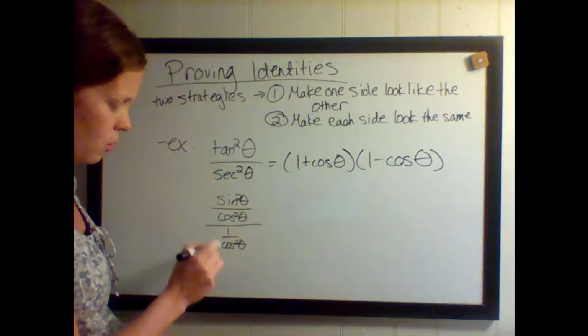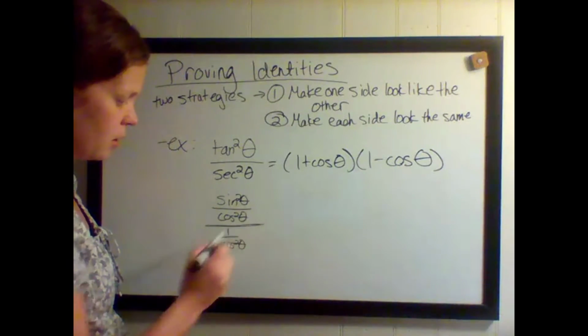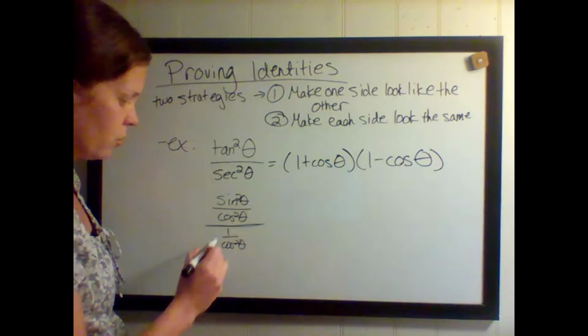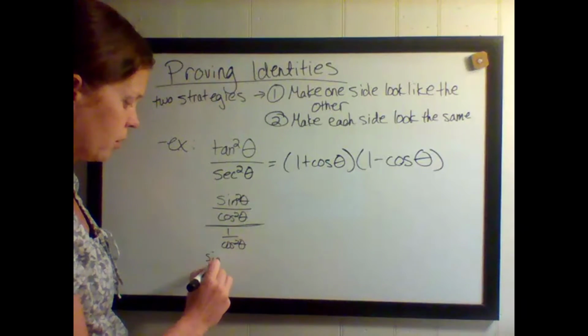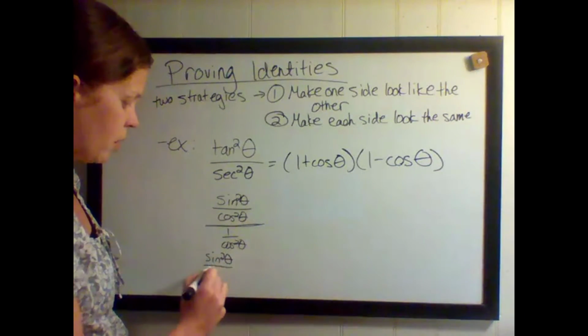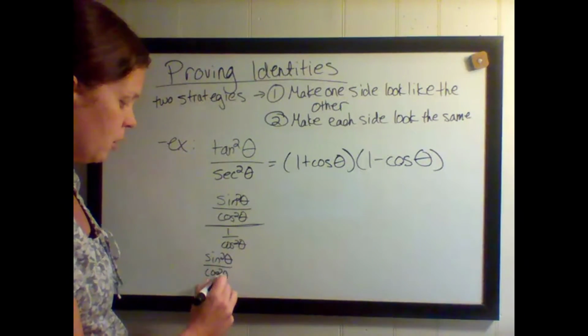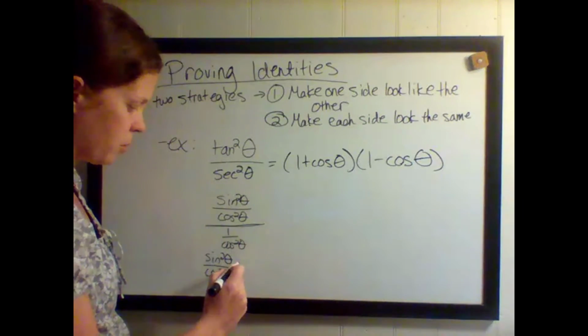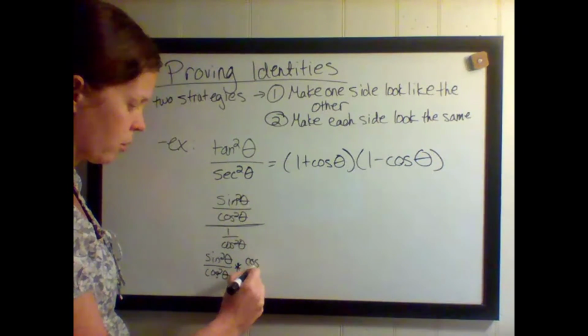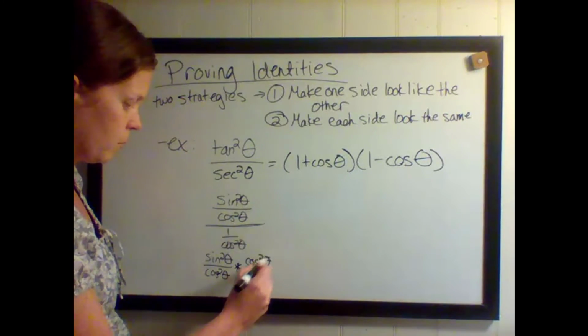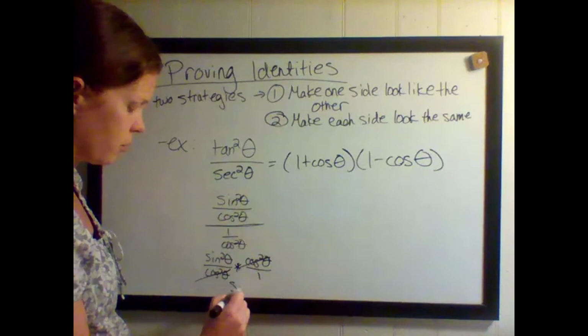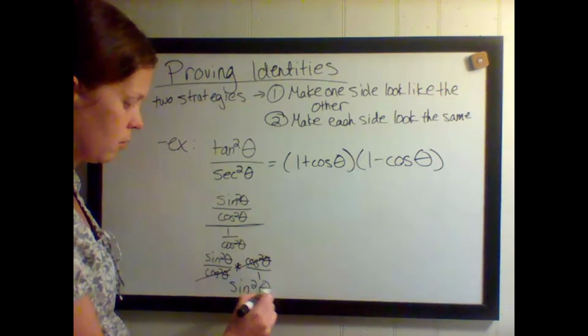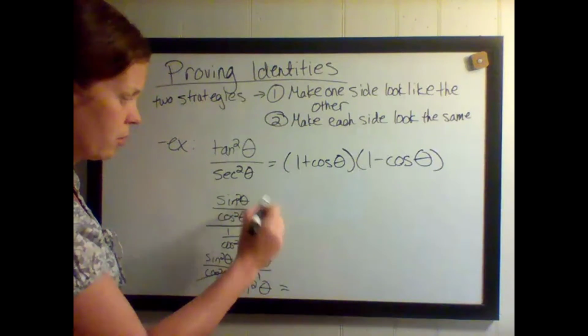So notice, the cosines are going to cancel because this is divided. Let me write it out this way, sine squared divided by cosine squared. Instead of divided by 1 over cosine squared, I'm going to flip it, multiply by cosine squared over 1. So cosine cancels. I'm just left with the sine squared of theta.